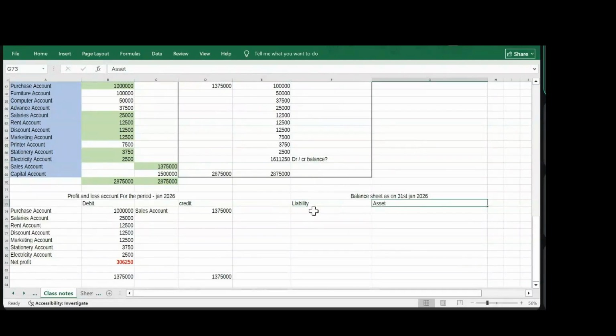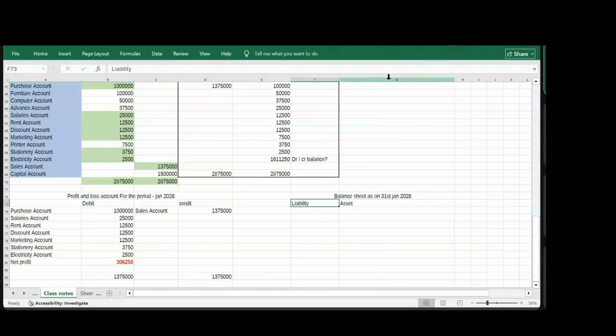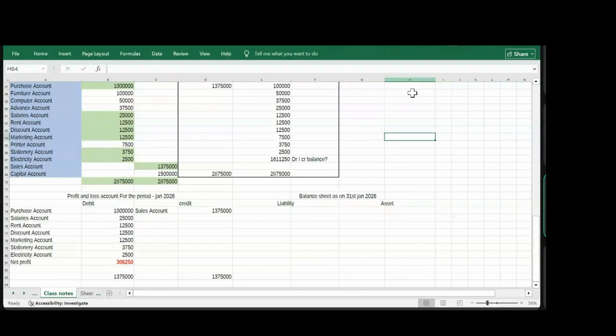Now liability. What all is your liability? Okay.